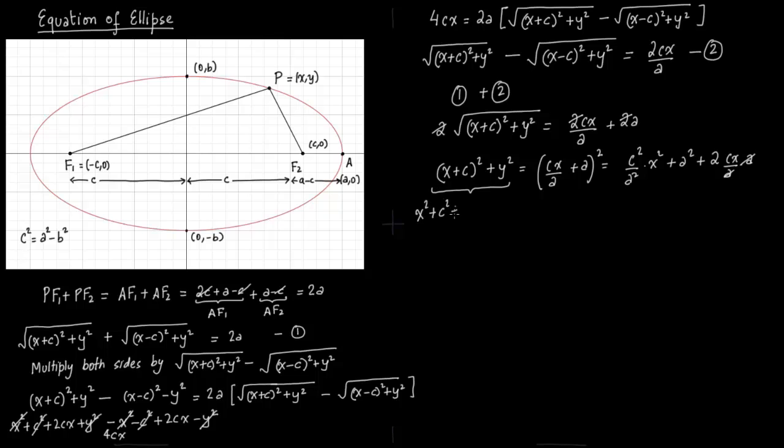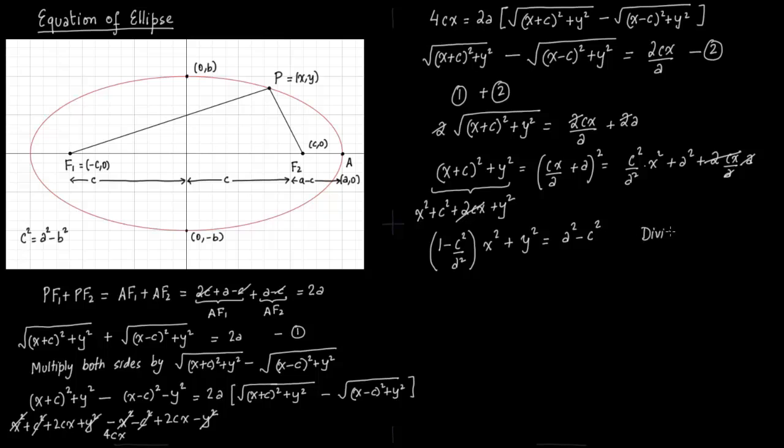We get x square plus c square plus 2cx plus y square. Now 2cx and 2cx cancel out. Now we bring the x square terms to the left hand side. So you get 1 minus c square by a square times x square plus y square, and you take c square from the left hand side to the right hand side. So you get a square minus c square on the right hand side.